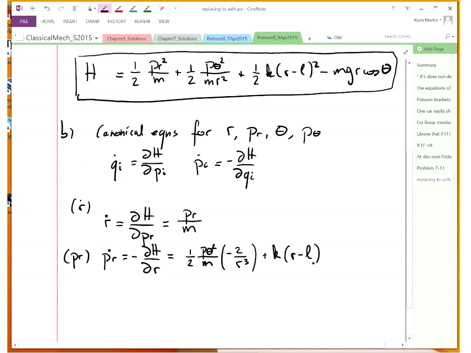Then I have R minus L, and then the derivative of R minus L, which is just 1. And then the last term, it's minus mgR cos theta, and d/dR of that is simply minus mg cos theta. That's the equation for PR. You can cancel out the 2's there in the first term, but it doesn't really make it any simpler.